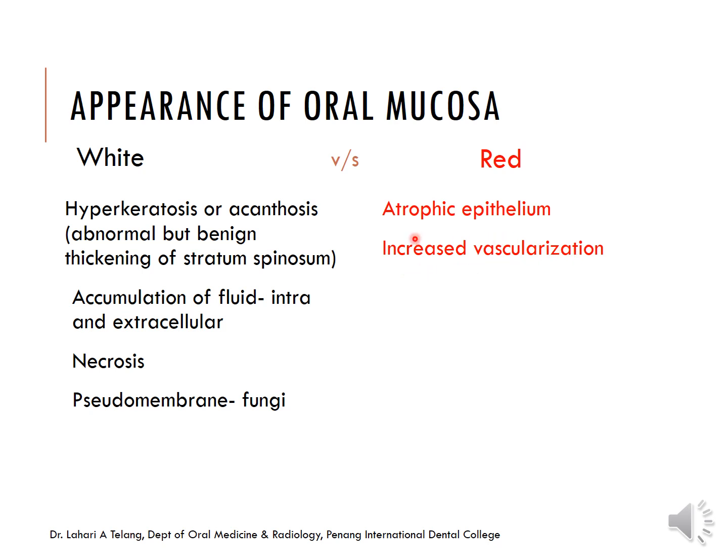That means if you look at these two areas, you will see that white appearance is, in layman's terms, when there is thickening of the epithelium, and red appearance is when there is loss of epithelium, right?